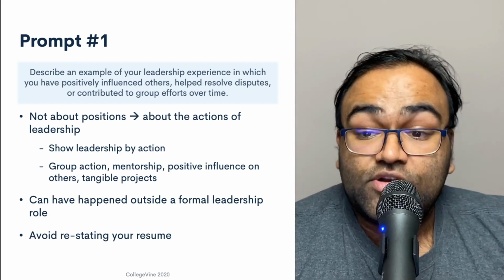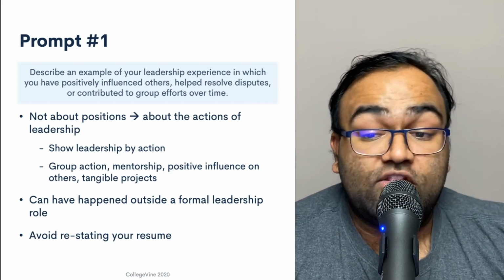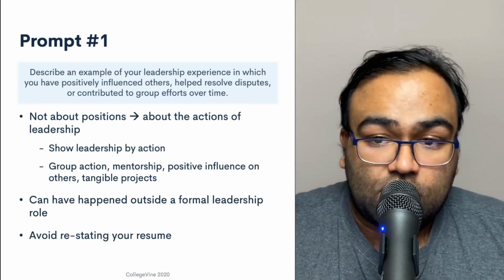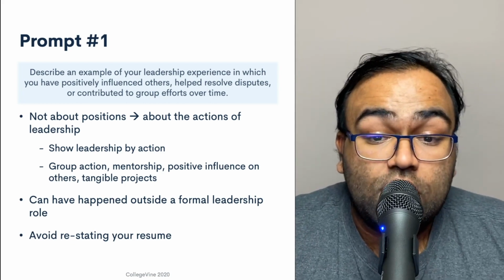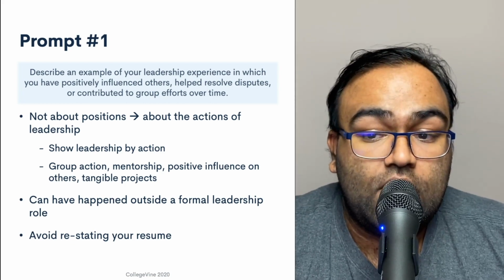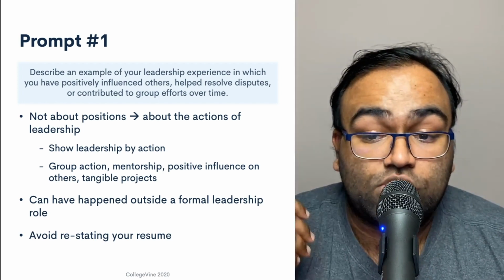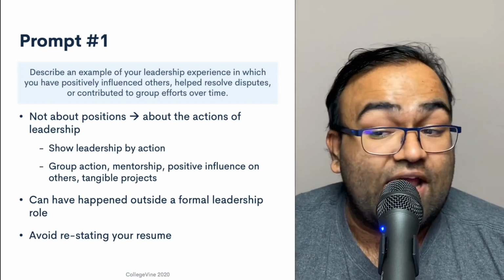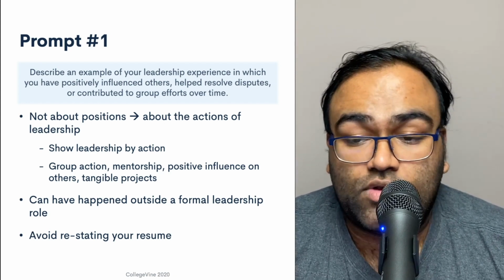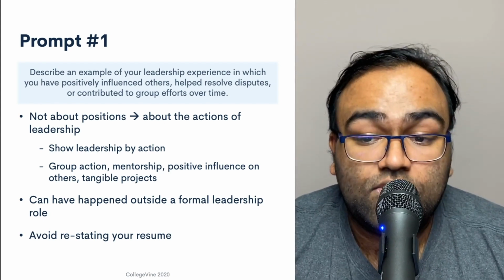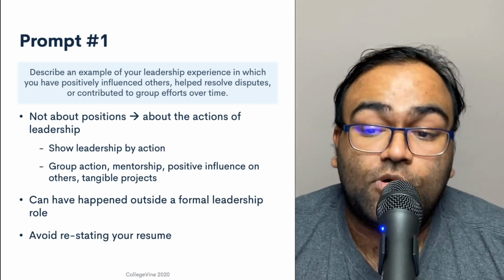And what does a leader do, right? A leader could inspire group action, inspire people either in your community, in a club, or wherever, to go and do something. Inspire folks to maybe change their beliefs or change their point of view. Provide mentorship to younger folks or even just peers, serve as a positive influence on others, and execute on tangible projects, right?